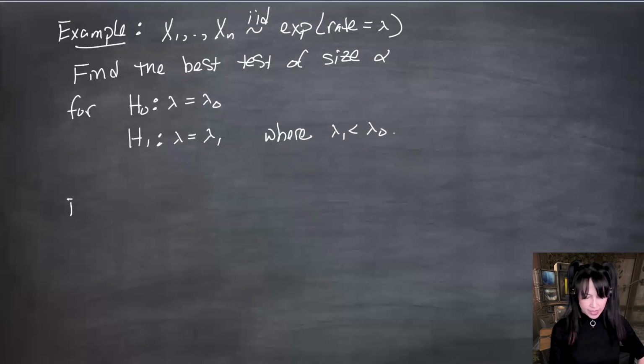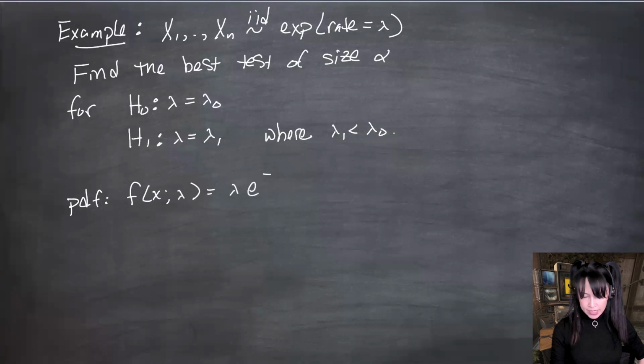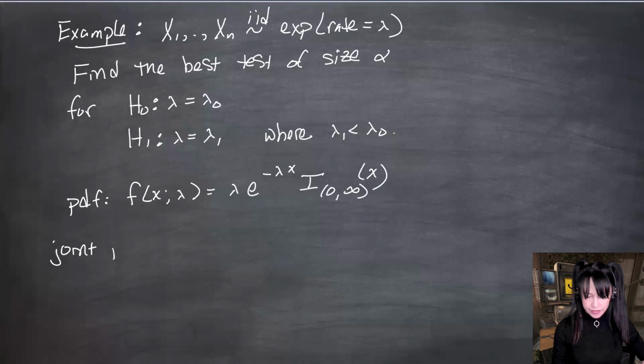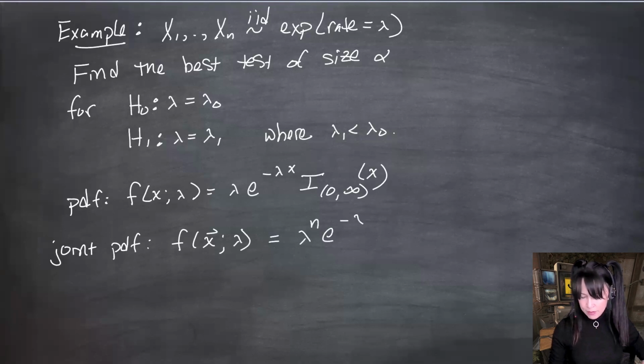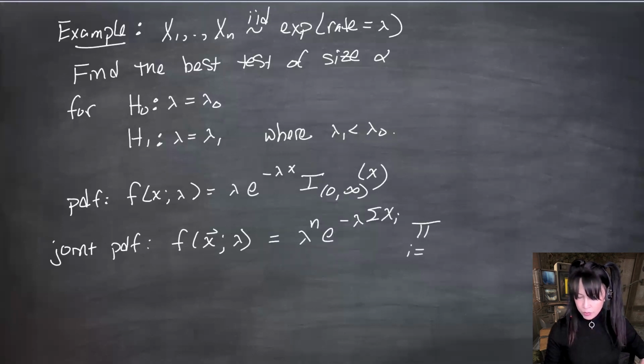Okay, so the PDF, as you know, f of x and lambda is lambda e to the minus lambda x, and an indicator that says that x is between 0 and infinity. And so the joint PDF, because these are IID, we get to multiply, and we end up with lambda to the n e to the minus lambda, sum of the x's, and then a product as i goes from 1 to n of the indicators.